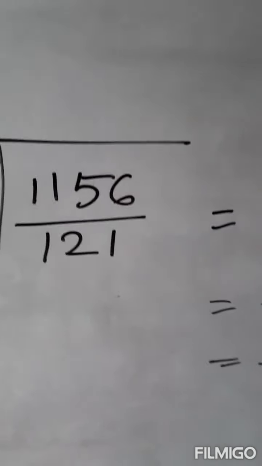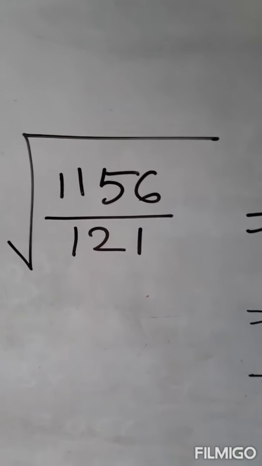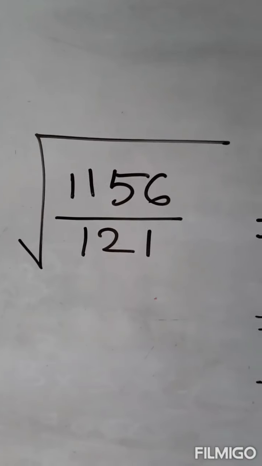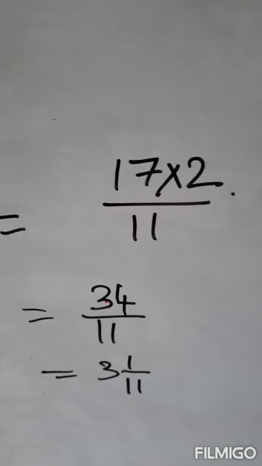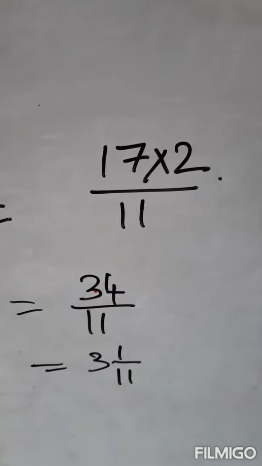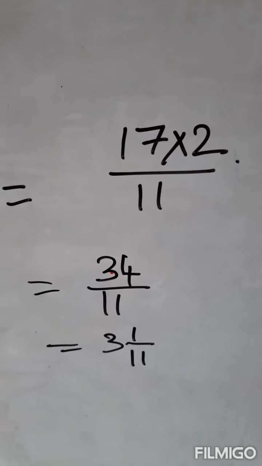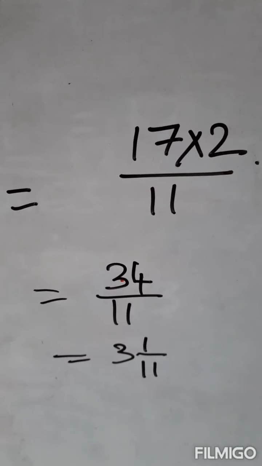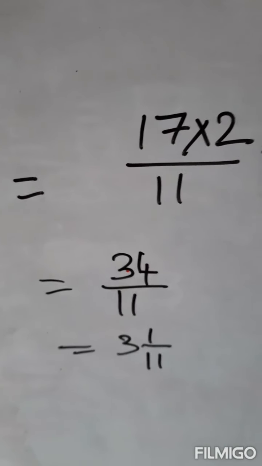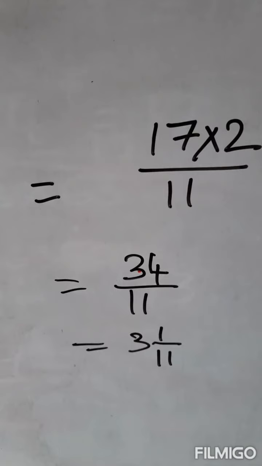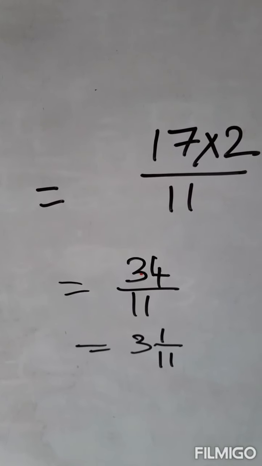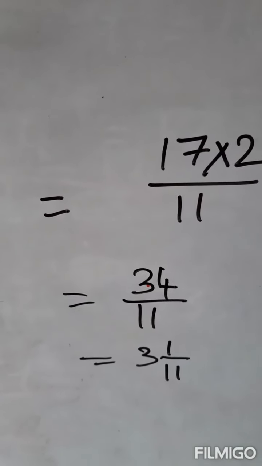So the square root of 1156 by 121 is equal to 17 into 2 by 11, that is 34 by 11. When you change it back to a mixed fraction, it becomes 3 whole number 1 by 11.